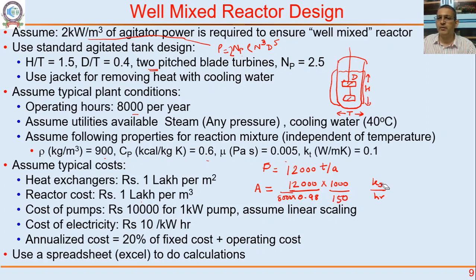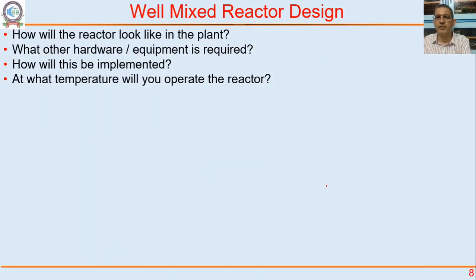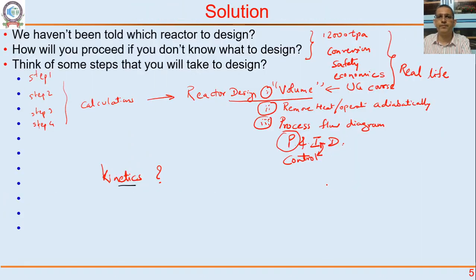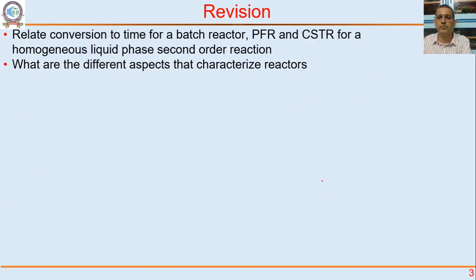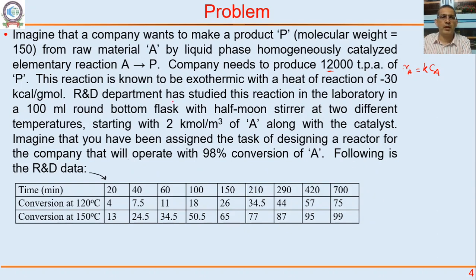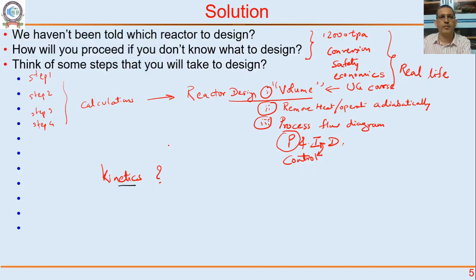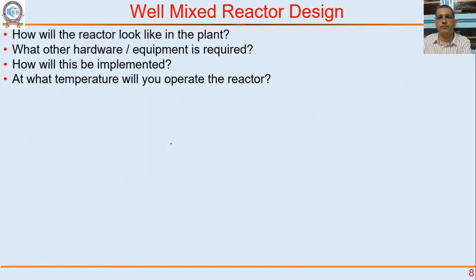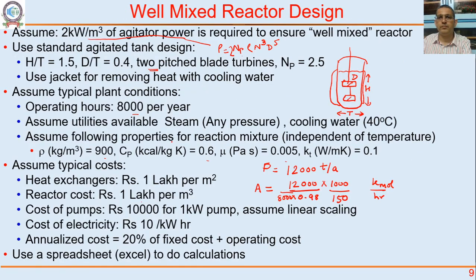That means so many kilomoles per hour. What is the concentration? Inlet concentration Ca in is 2 kilomoles per meter cube.